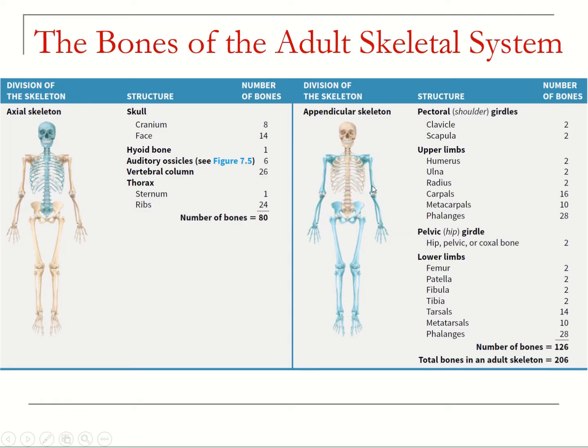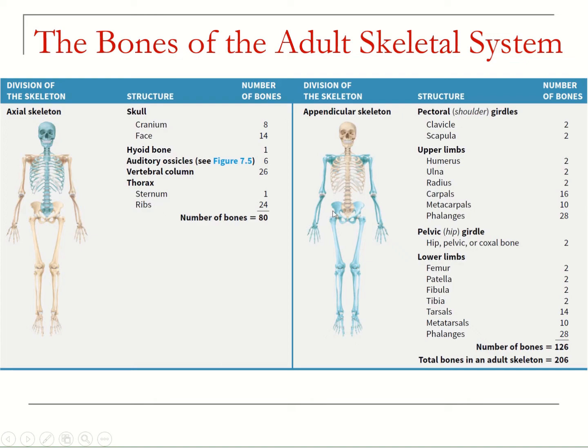The bones in this part are your appendicular skeleton, including your pectoral or shoulder girdles, including your clavicle over here, and the scapula at the back. The upper limbs: your humerus, radius and ulna, carpals, metacarpals, and phalanges.